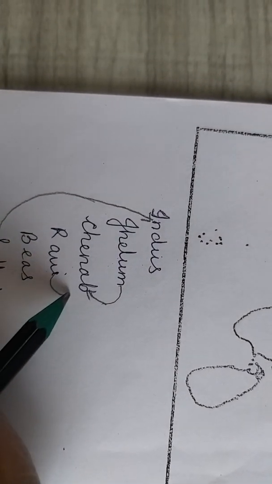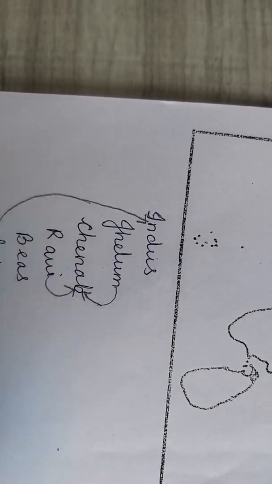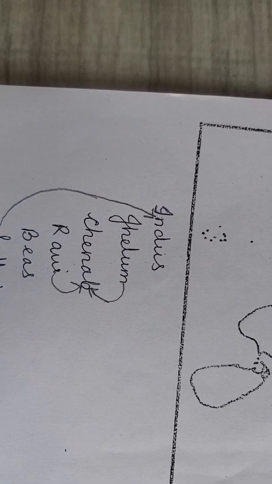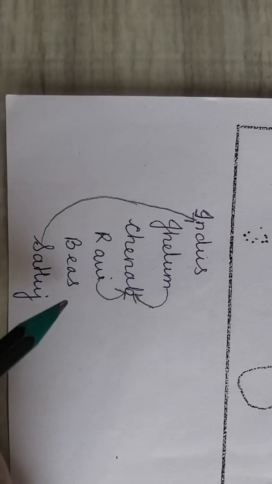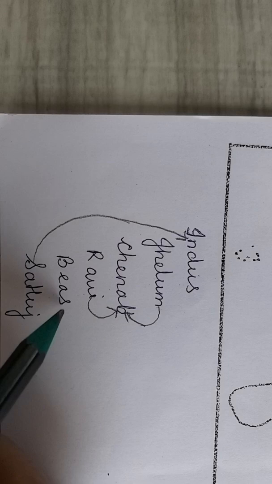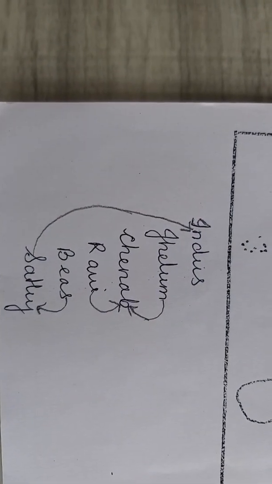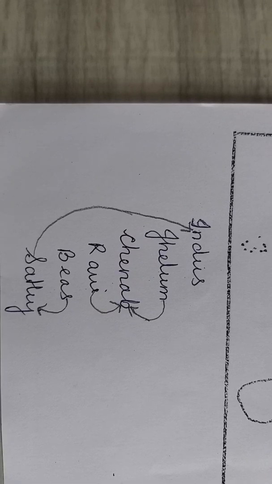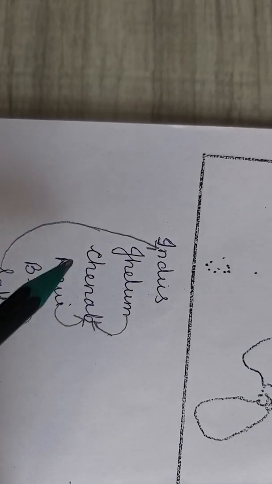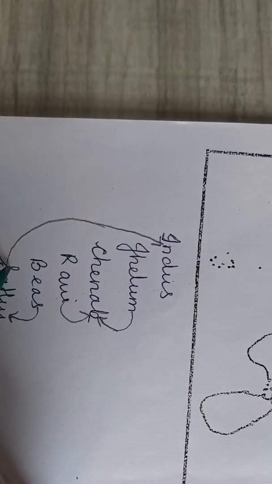Ravi connects Chenab. Bias is the tributary of Satluj. And Chenab connects Satluj.